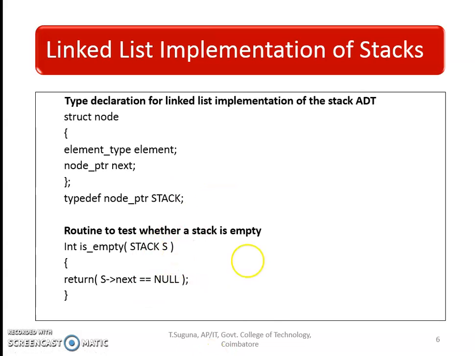For that this routine is used. It checks the stack. S is the pointer of a stack, that always points to the element of a stack. Here if S next, that is our node next value, is null, then it doesn't have any other nodes in the stack, so it returns a null value.